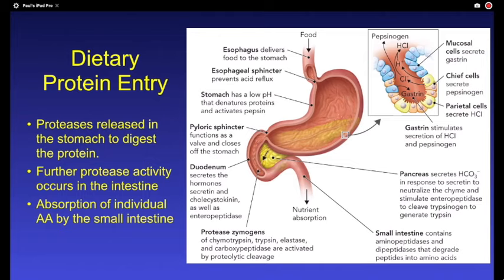And so it's highly active at a pH of about 2. The acidity comes from a proton pump that is stimulated by the enzyme gastrin, and it pumps in both protons and chloride ions. So essentially you have hydrochloric acid in that compartment, and that's what really acidifies the stomach.